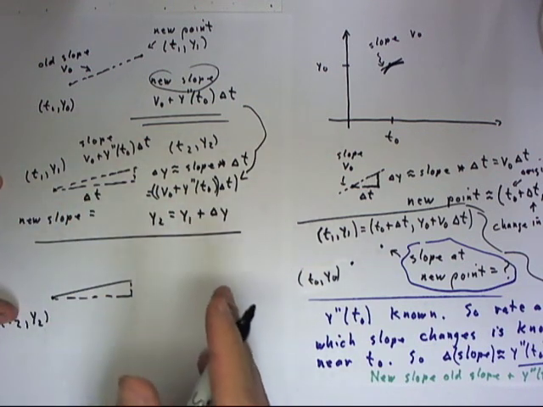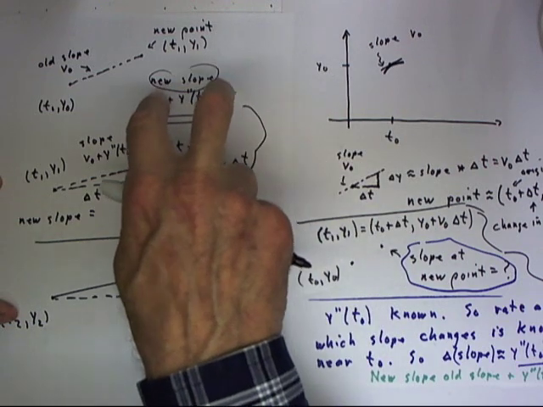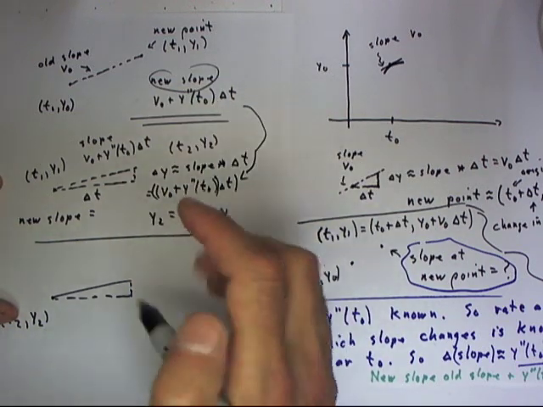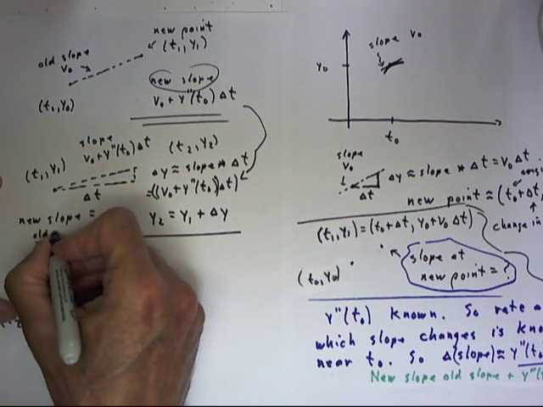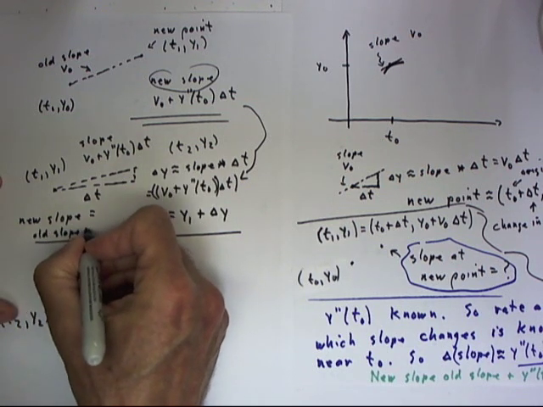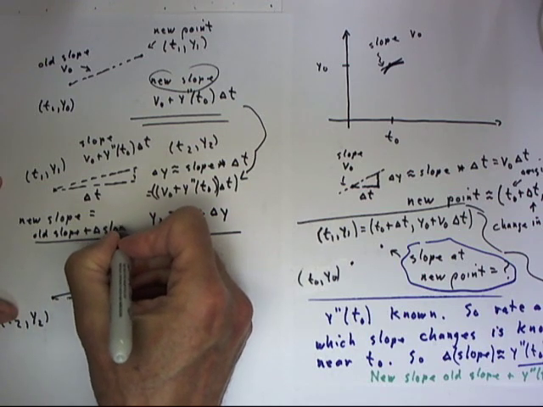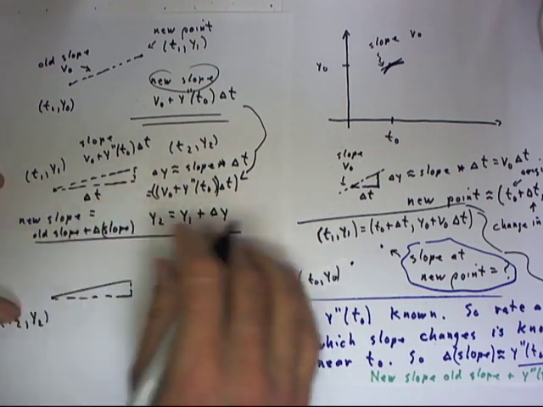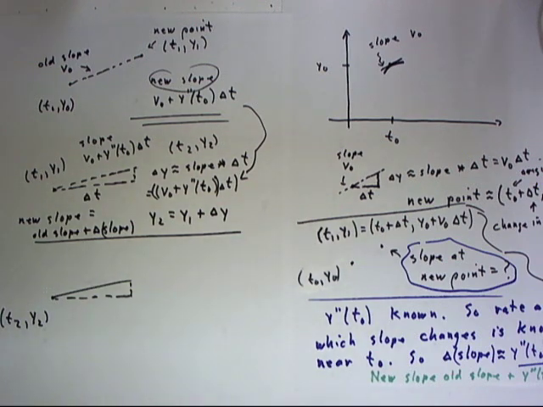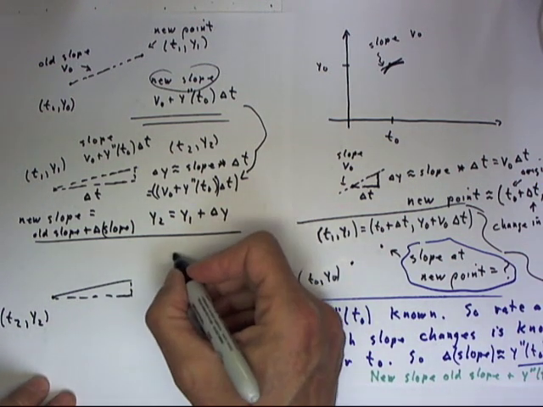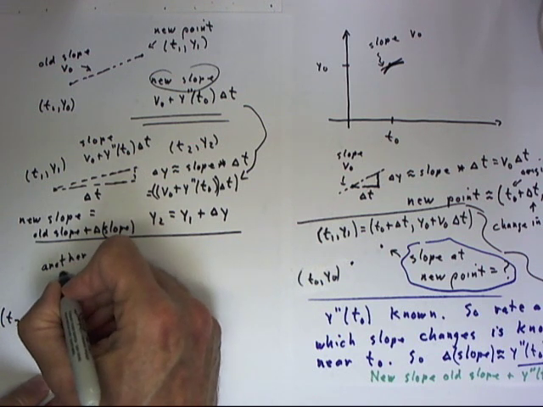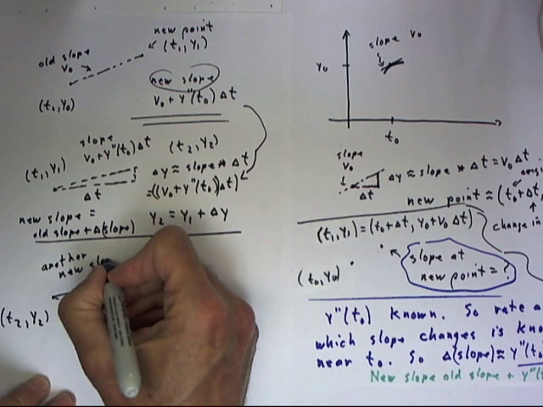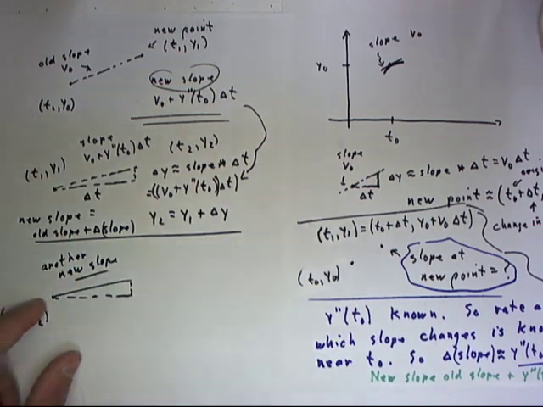It's going to be our old slope, which was this, plus our change in slope. Now I'm not going to go to all the detail of writing that out, but here we have another new slope, which we can use as a basis for predicting a new point.